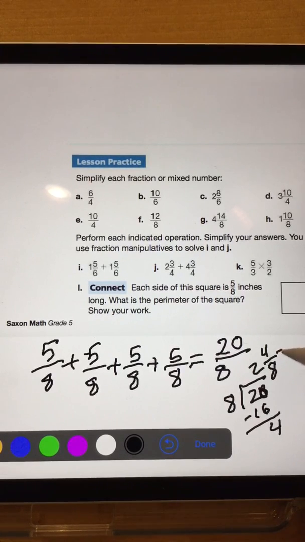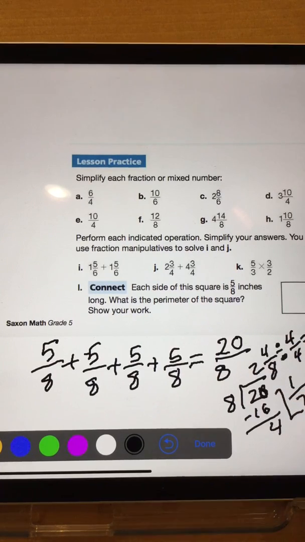I look at that and I know that both of these can be divided by 4, correct? Divide them by 4. 4 goes into 4 once. 4 goes into 8 twice. So I have 2 1/2. Correct? 2 1/2 is my answer.